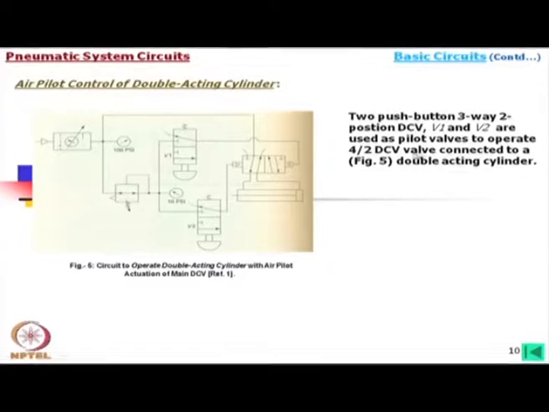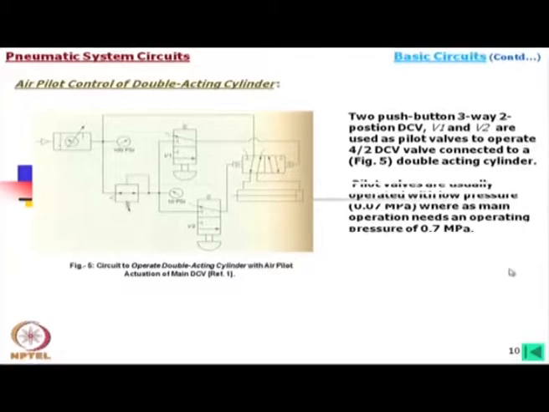Again I have made a mistake, I could have written DCV only. Pilot valves are usually operated with low pressure, 0.07 megapascal, whereas the main operation needs an operating pressure of 0.7 megapascal.